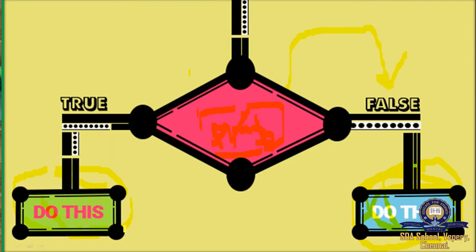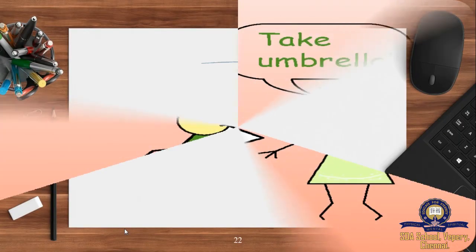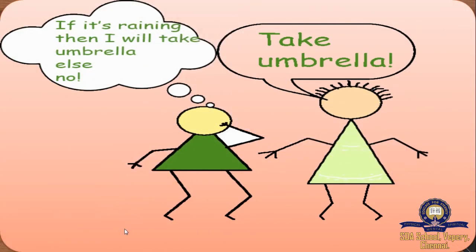In that, now we are going to see only true conditions. Now you are going to tell me by using this example what it says. If it's raining, then I will take the umbrella.